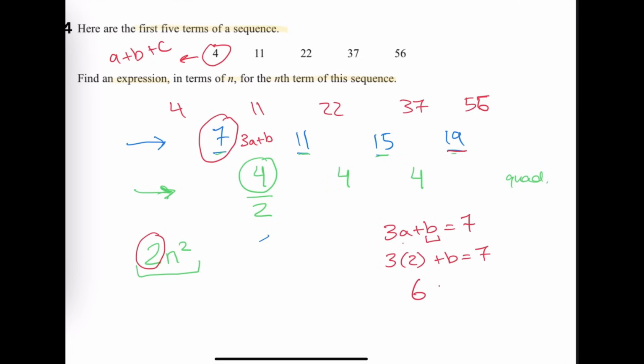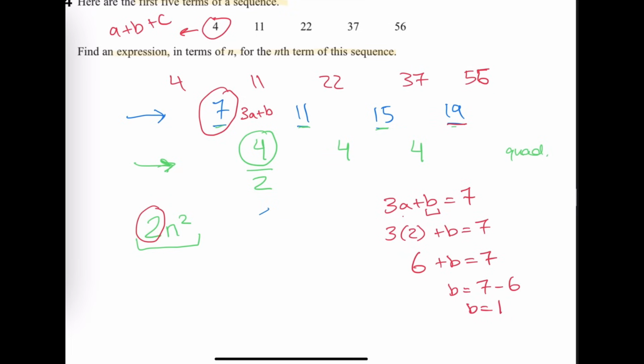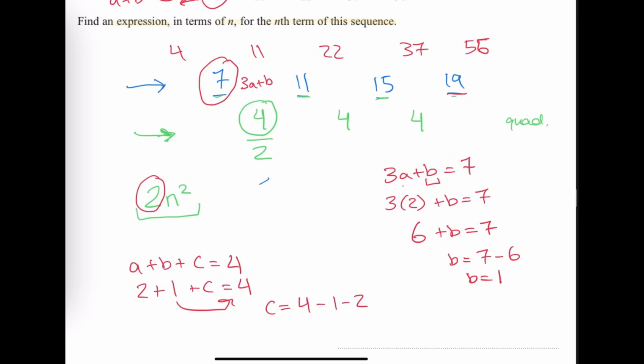So 6 plus b equals 7, so b equals 7 minus 6, which is 1. Now, to find c, a plus b plus c equals the first term, which is 4. We know a is 2 and b is 1, so 2 plus 1 plus c equals 4. So c equals 4 minus 1 minus 2, so c equals 1 as well.